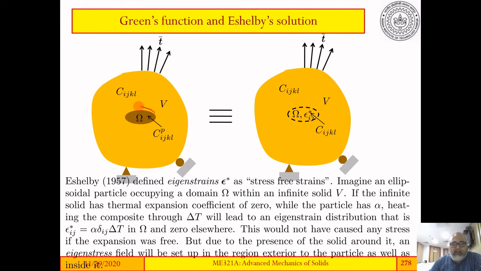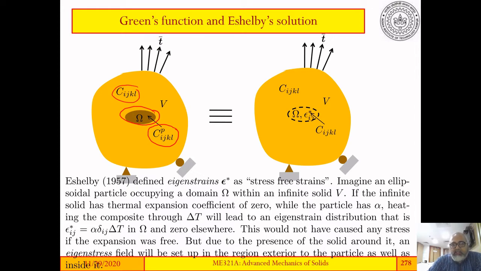This is the ellipsoidal particle, which has a stiffness C_ijkl^p, which is different from that of the infinite matrix C_ijkl in which it sits. And this infinite matrix is supported on ∂U, and tractions T bar are applied on ∂V_t.